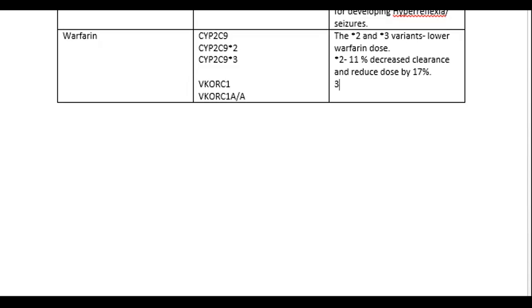Okay, and the star 3 has a 7% decreased clearance, and we reduce the dose by 37%.